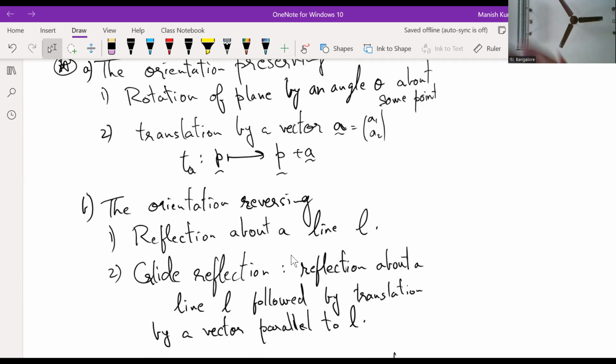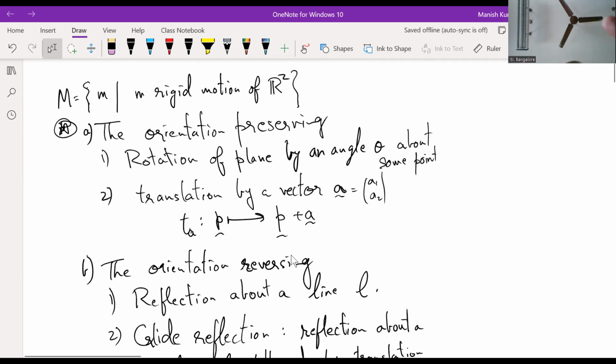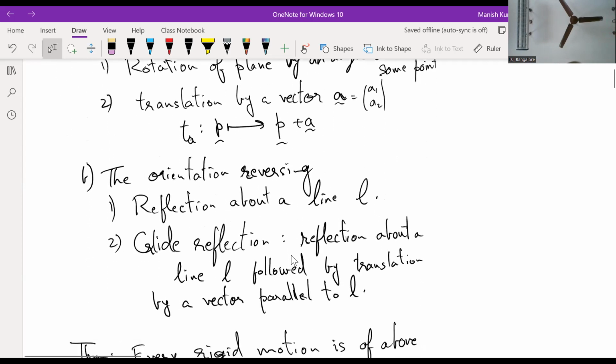So you reflect and move along that line. These are some examples of orientation reversing isometries, or orientation reversing rigid motions.